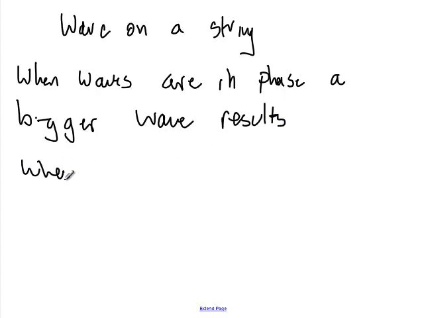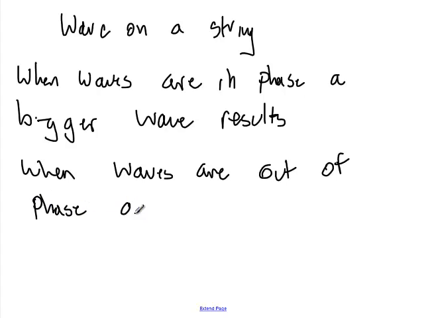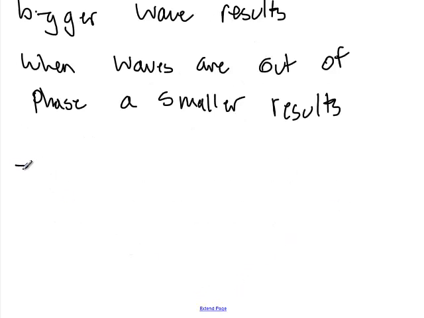When waves are out of phase, a smaller wave results. Okay, and by smaller I'm talking amplitude. Bigger I'm talking amplitude. And so this is actually called the law of superposition.